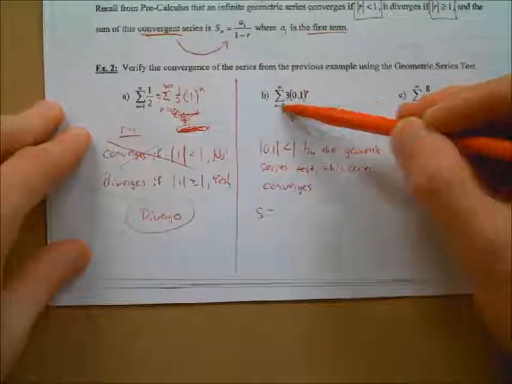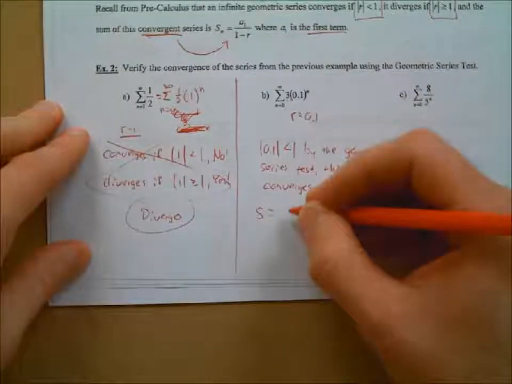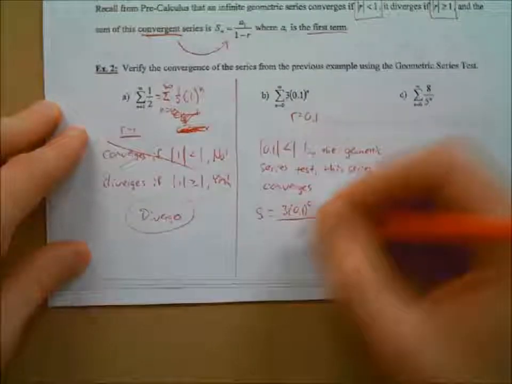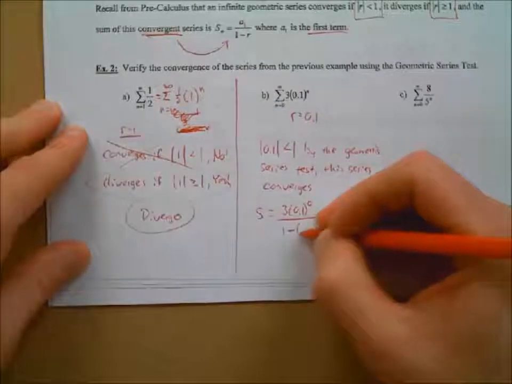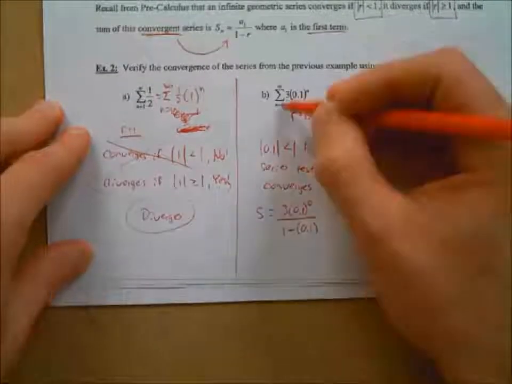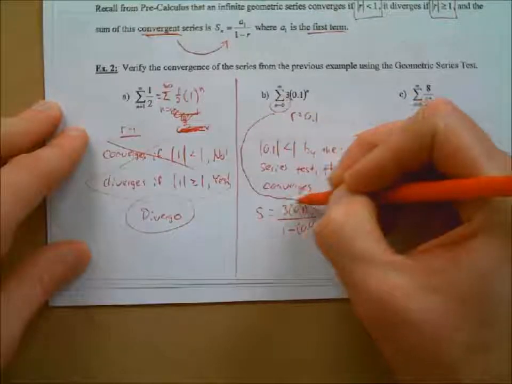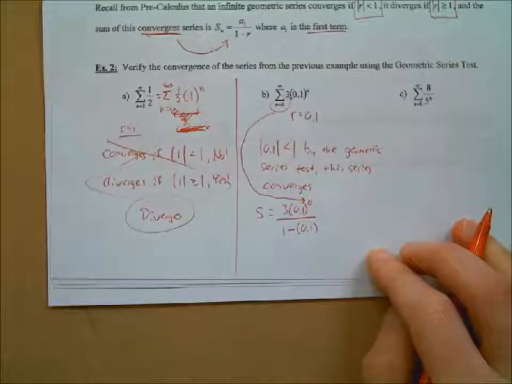So we want to do 3 times 0.1 to the 0 over 1 minus our common ratio of 0.1. Again, since n equals 0, our first term here is a sub 0.